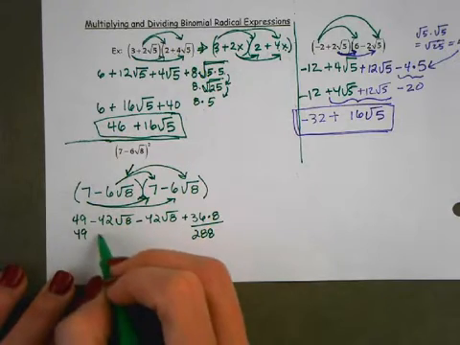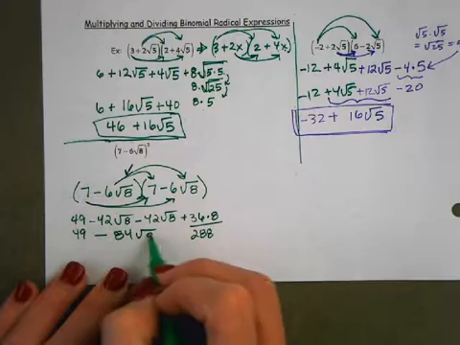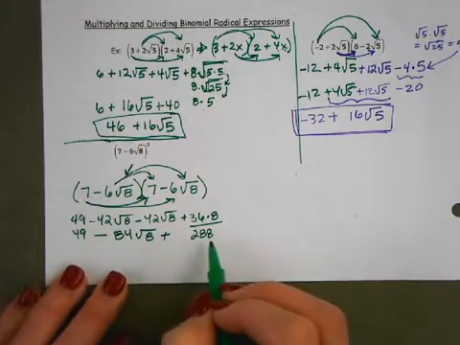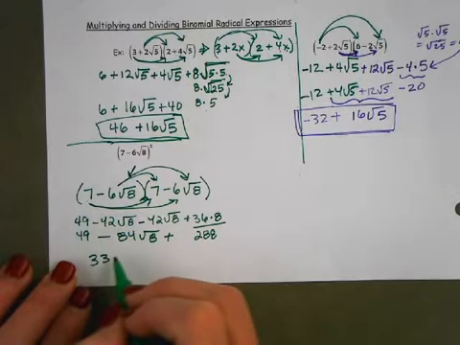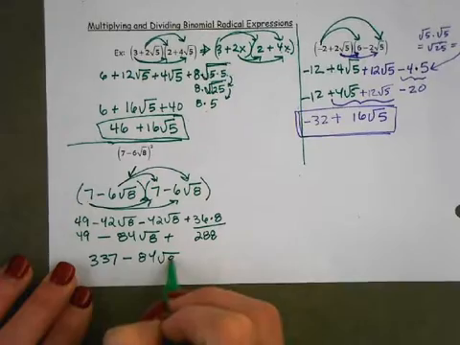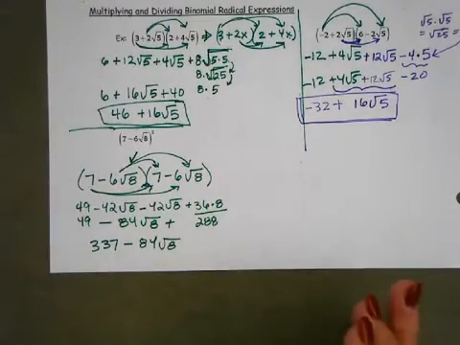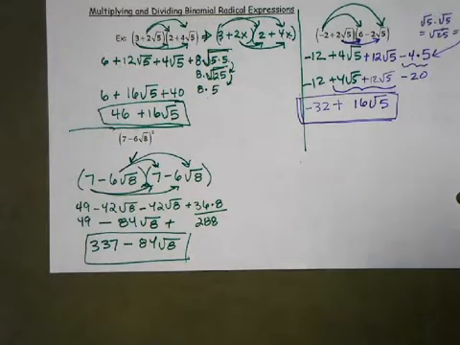And then this is going to be minus 84 square root of 8. So I have 288 and 49 becomes 337 minus 84 square root of 8. Questions on that?